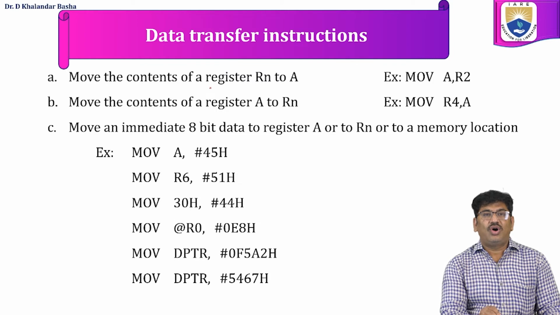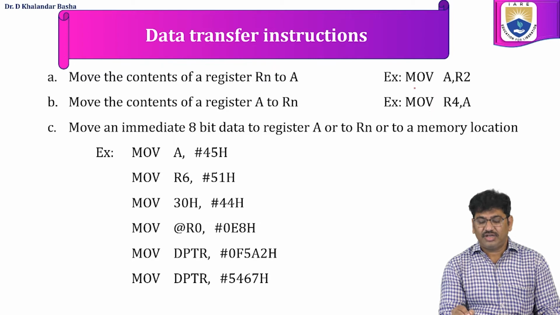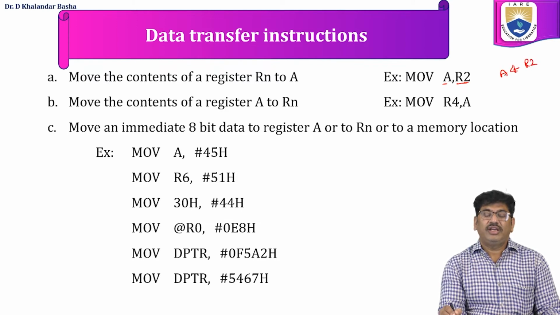Move the contents of a register Rn to A. This will be accomplished with the instruction MOV A, R2. Here the source is the R2 register and the destination is the accumulator. After executing this instruction, the contents of R2 will be loaded into the accumulator.